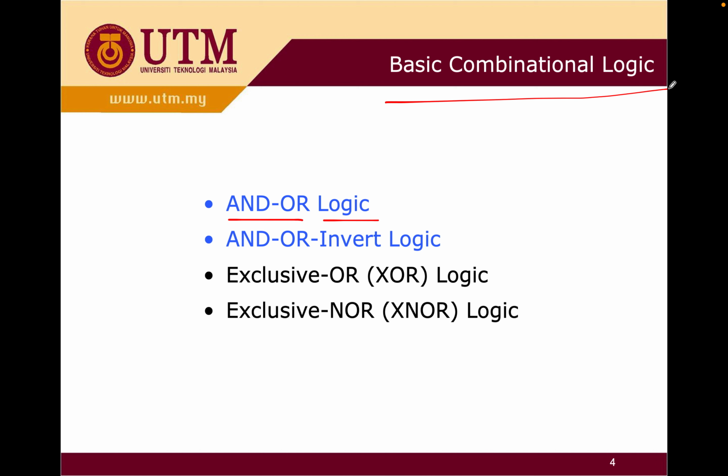You may be asked to draw a combination logic using only AND OR, so you cannot have different logics or different gates. This is just a sample: AND OR logic, and another one is AND OR inverse. Why only these two? Because these are basic gates, if you still remember, and when they are combined together, it is called a combination logic.